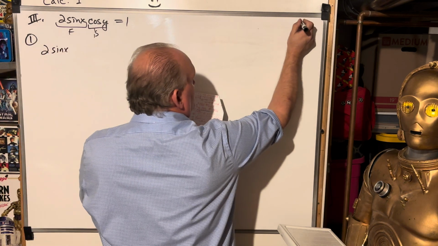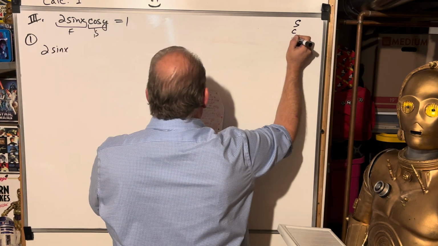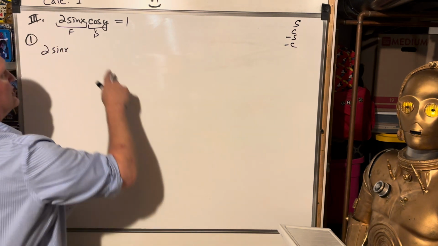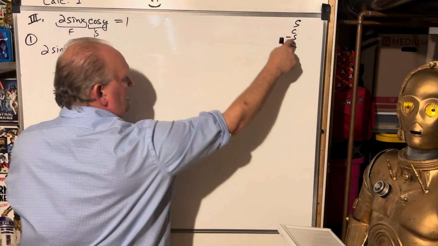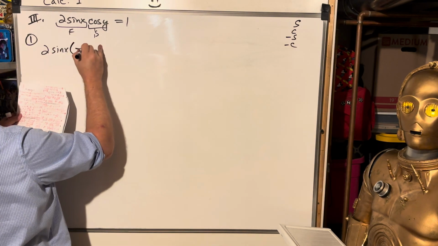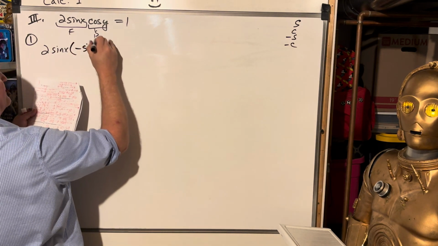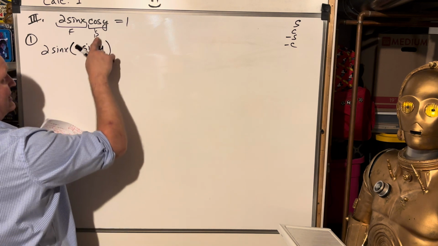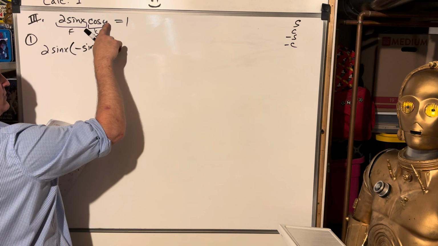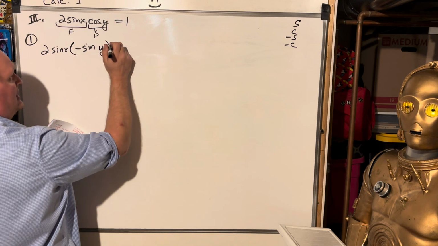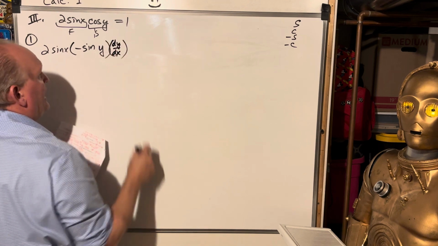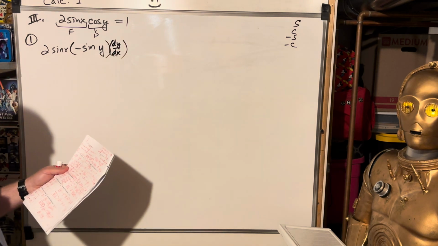So remember, sine, cosine, negative sine, negative cosine. So the derivative of cosine is negative sine. And that's a y. And then because I did the derivative of the y in terms of dy dx, I have to add a dy dx to that.